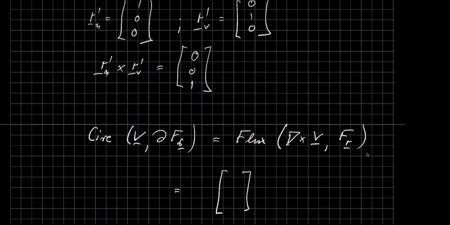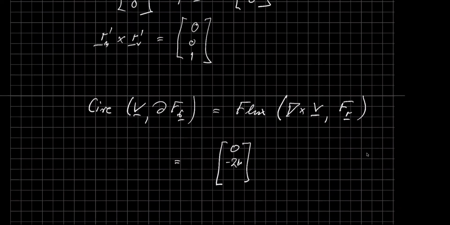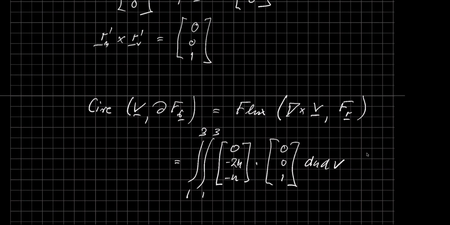So I get 0, minus 2u, and then minus u. And then I need to dot it with my normal vector, and I should integrate in the two parameters from 1 to 3 in both parameters, du, dv.